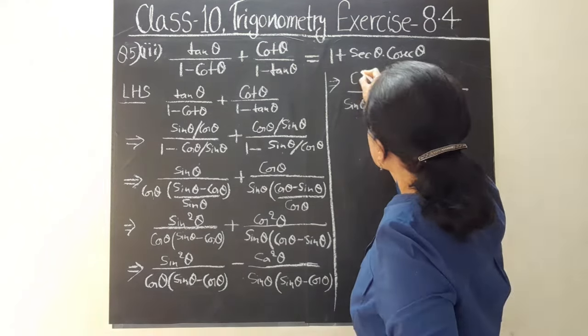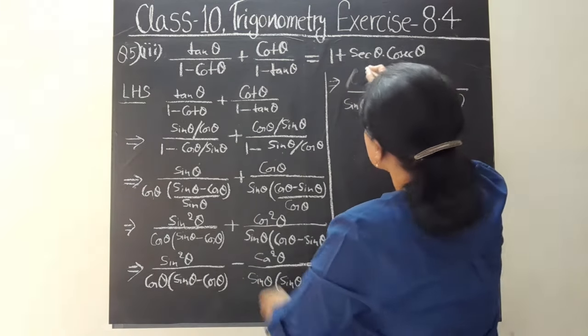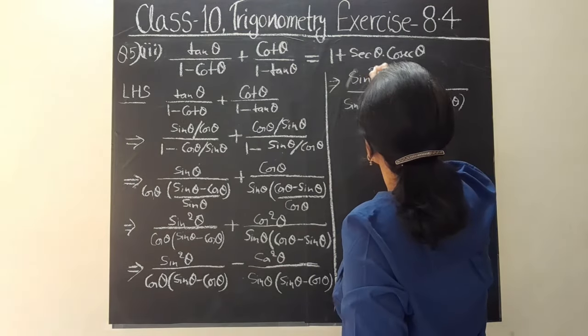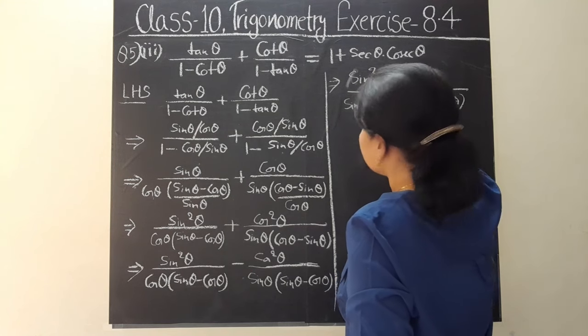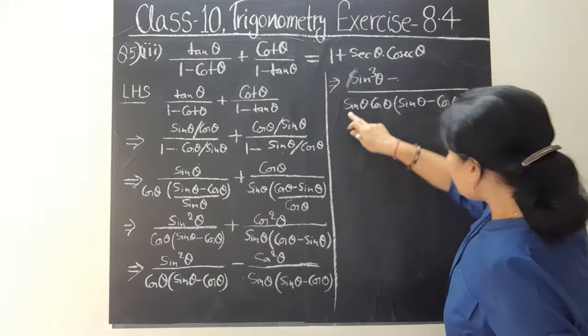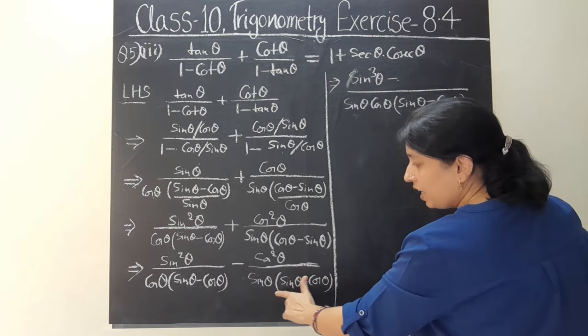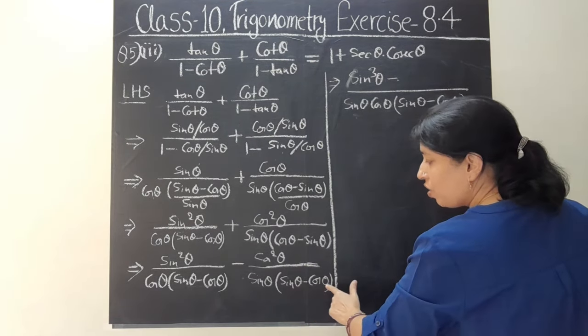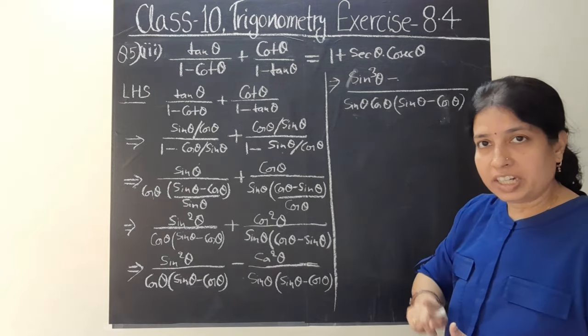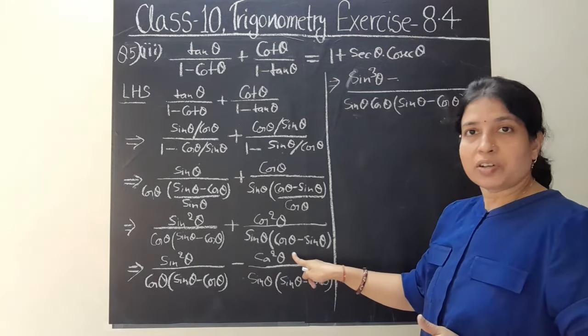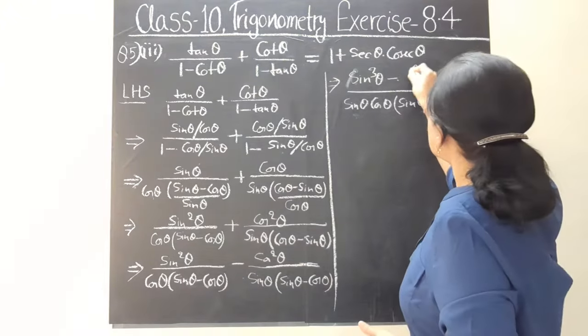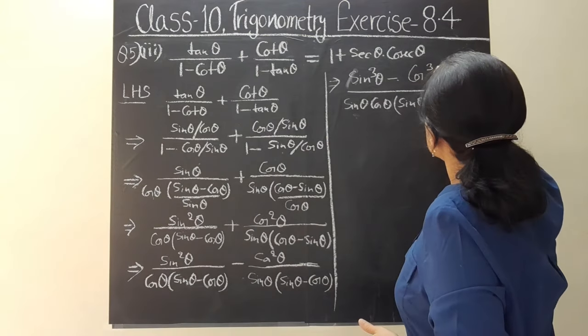So here sin theta is multiplied. So it becomes sin cube theta minus, here we will divide this LCM by what? By sin theta into sin theta minus cos theta. So what will come? cos theta. cos theta is then multiplied with cos square theta, then it becomes cos cube theta.